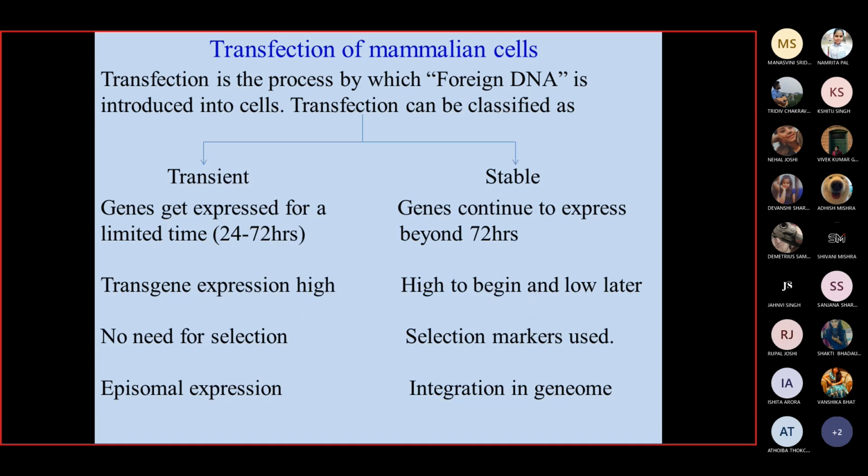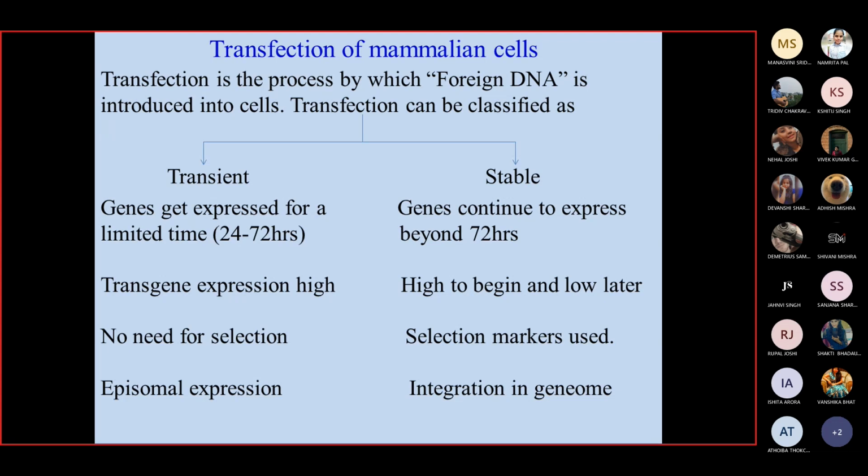instruments. Okay. What we call transformation, the introduction of foreign DNA into bacteria, is called transfection in mammalian cells. So in reality, transformation and transfection are nothing but a process by which we are introducing foreign genes either into a bacterial cell or into a mammalian cell.